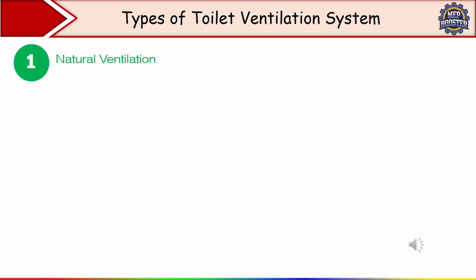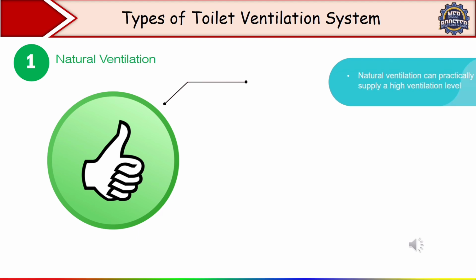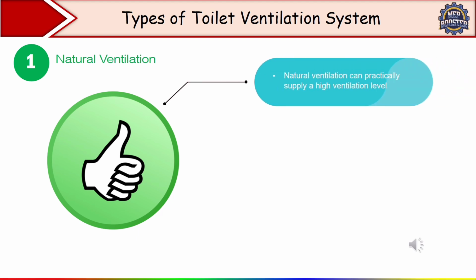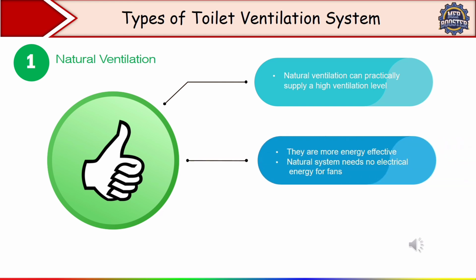Now see the advantages of natural ventilation system. First, natural ventilation can practically supply a high ventilation level. Second advantage, they are more energy effective, as this ventilation system needs no electrical energy for a fan, because we are not using a fan in case of natural ventilation.